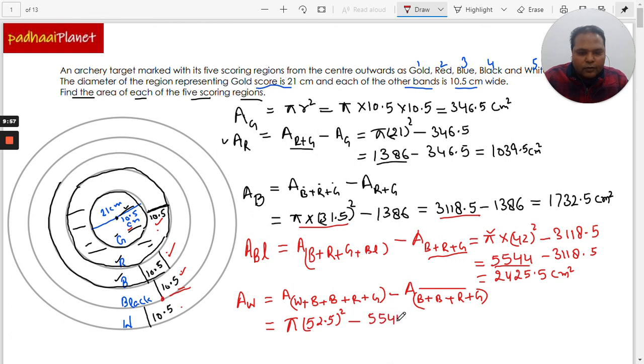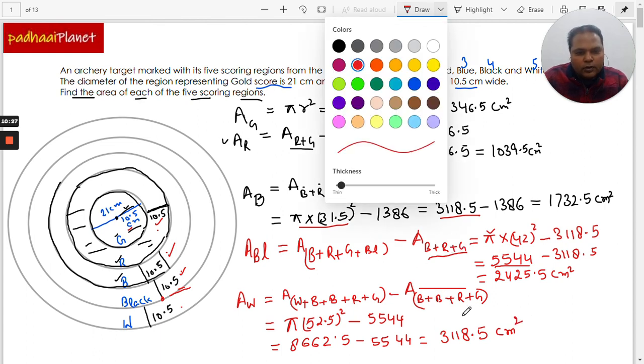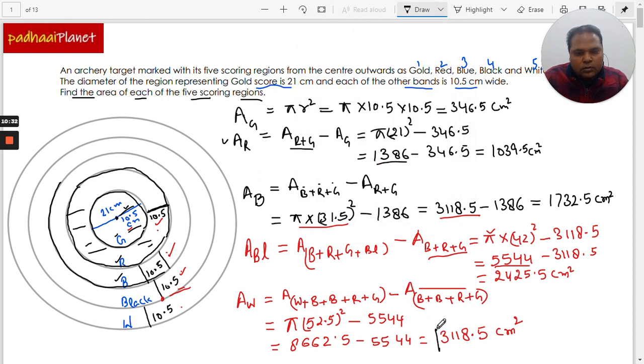5544, and when we simplify this, we get 8662.5 minus 5544, and that's equal to 3118.5 square meter, right? So how we have found out is that this is the outermost region's area, right?